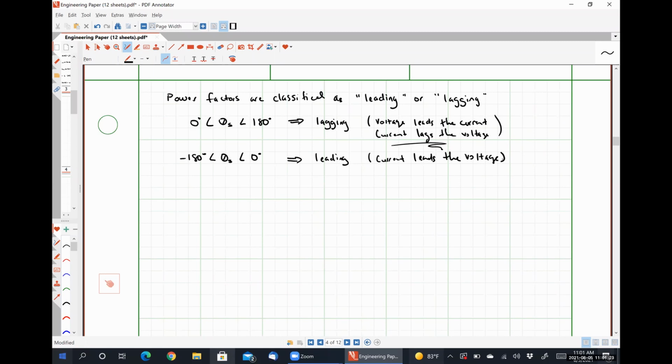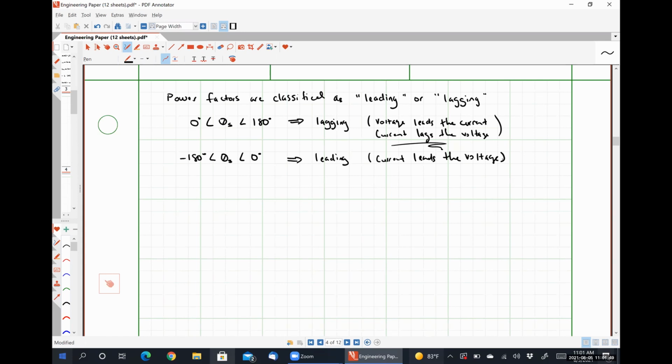Okay, a power factor of 1, either plus or minus 1, and a power factor of 0 are not considered either leading or lagging. A power factor of 1 means, by definition, that theta s is plus or minus 0.